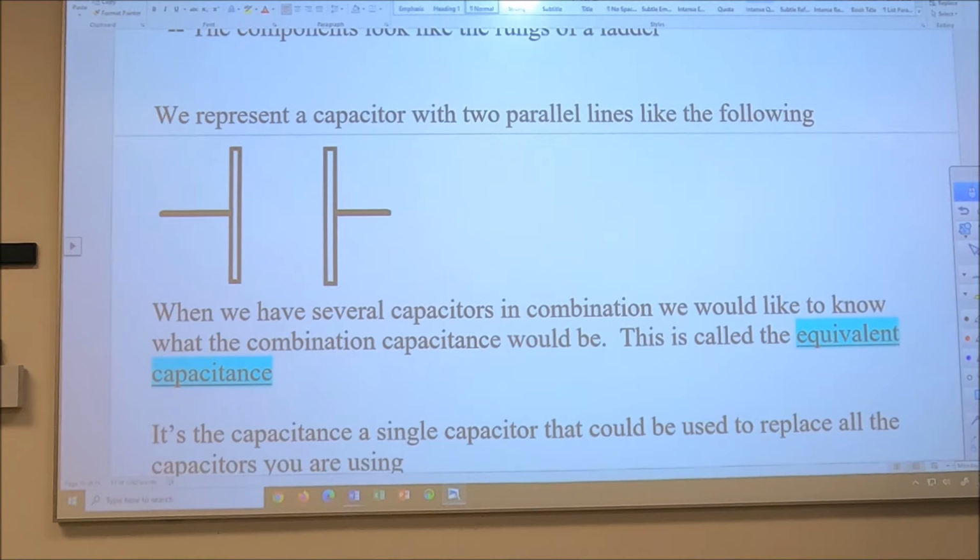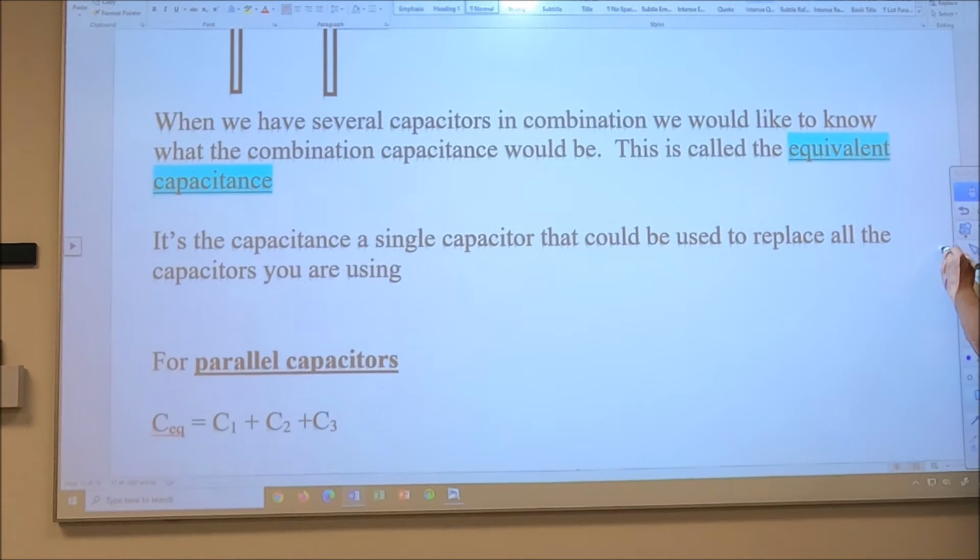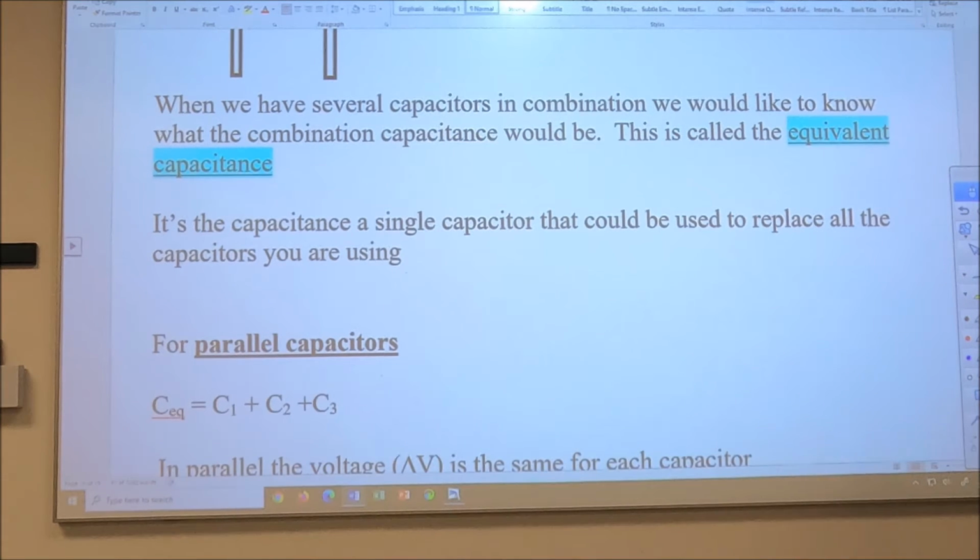So, when we have several capacitors in combination, we would like to know what the combination capacitance would be. This is called equivalent capacitance. It's the capacitance of a single capacitor that could be used to replace all the capacitors you're using.